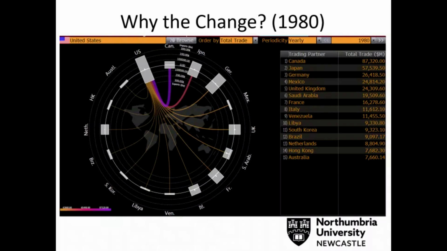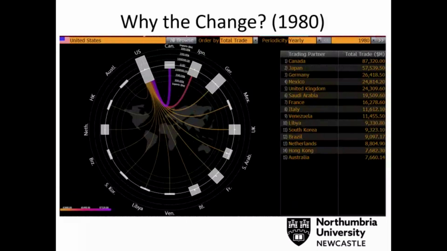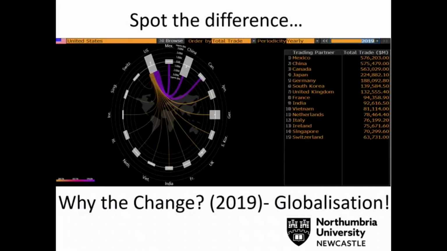But fast forward to today, Canada is now third in the list, overtaken by other neighbour Mexico, closely followed behind China. Where was China in the last chart? It wasn't there. So you can see how it went from 87,000 million up to 576,000 million. The big difference is globalization.